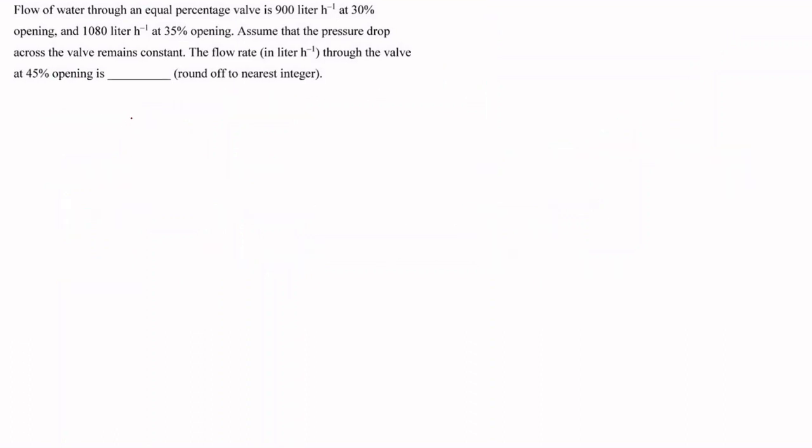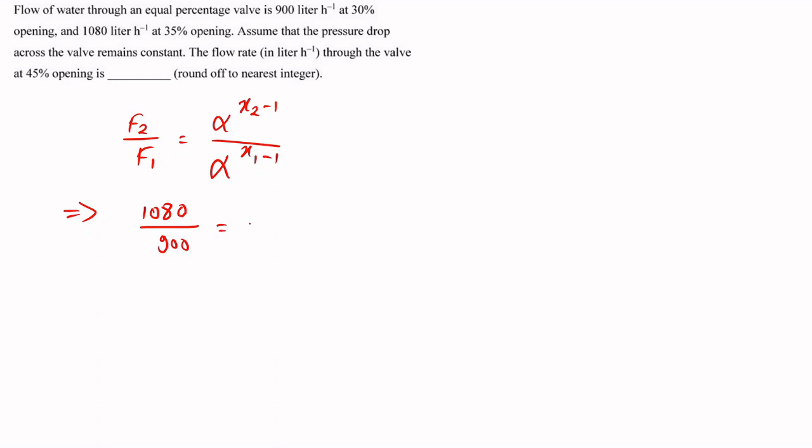If we write in terms of F2 and F1, we can write F2 upon F1 is equal to alpha raised to x2 minus 1 upon alpha raised to x1 minus 1. So F2 we have been given as 1080 upon F1 is 900, equal to alpha raised to x2 minus x1.